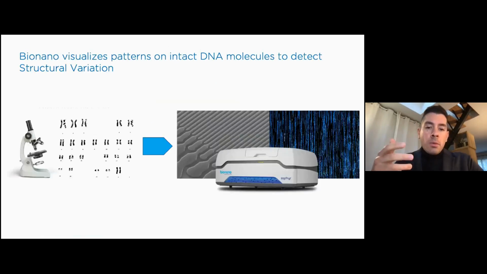The way our technology works isn't based on sequencing and can be compared to karyotyping, but at a much higher resolution. With karyotyping, what you have on the left, chromosomes are stained in a way you can distinguish a pattern of bands that is unique throughout the genome, with a band roughly every 5 megabases or so. And any abnormality in this labeling pattern would indicate the presence of a chromosomal alteration.